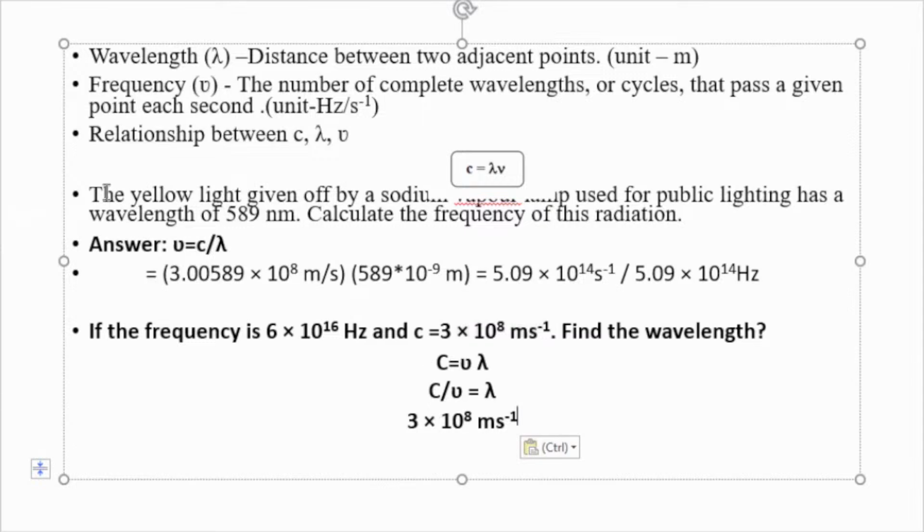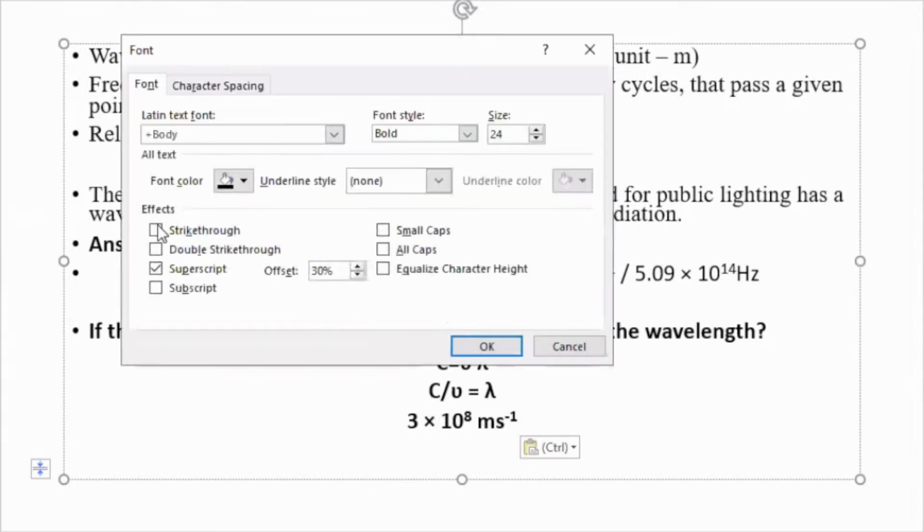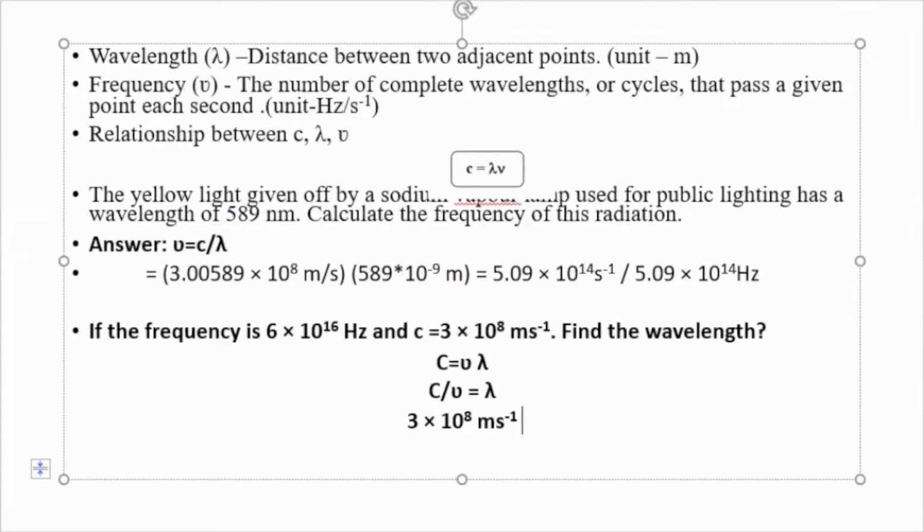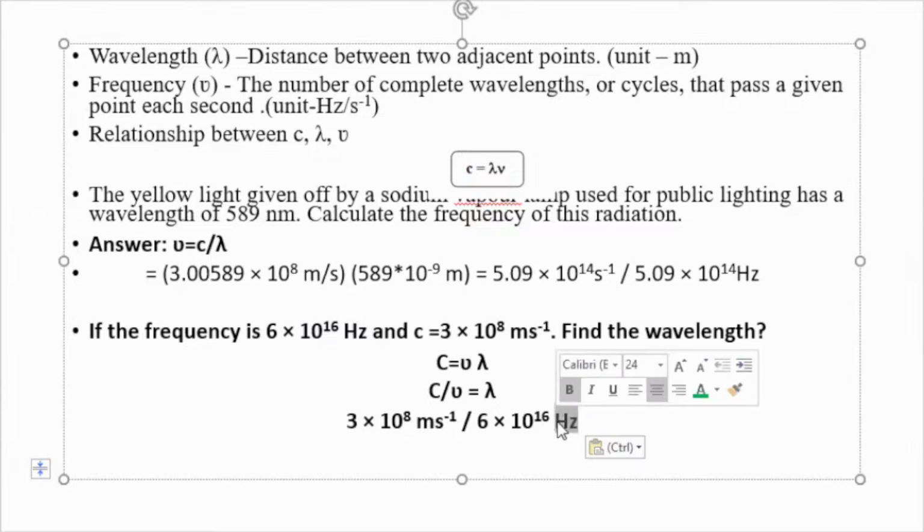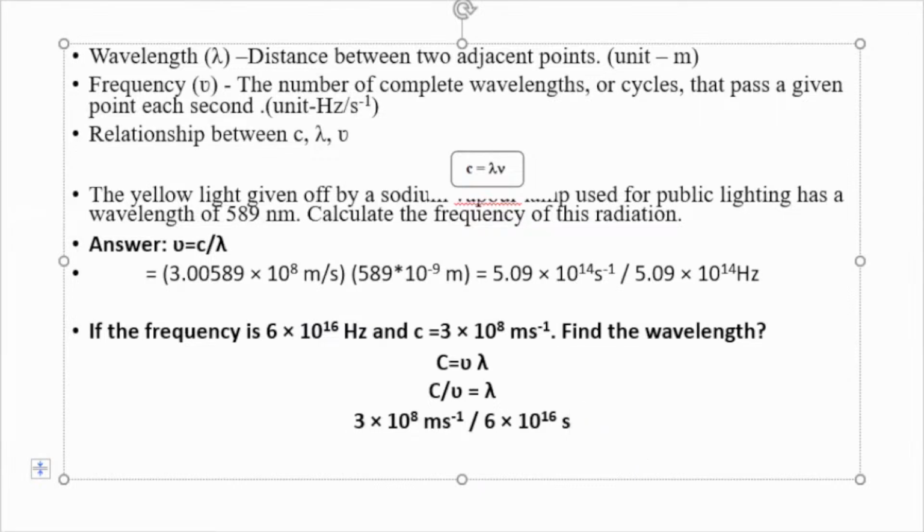Then we need to divide that by this one. But the case is we don't know hertz is equal to per seconds, so for easiness I am marking it as per seconds. Both are okay.